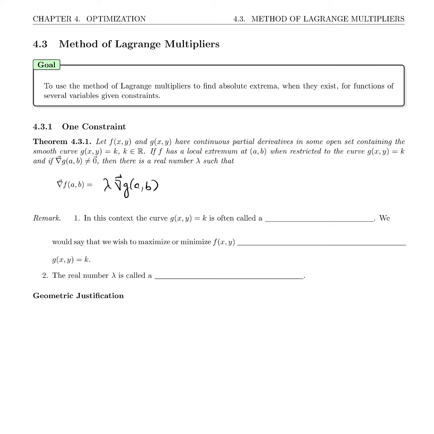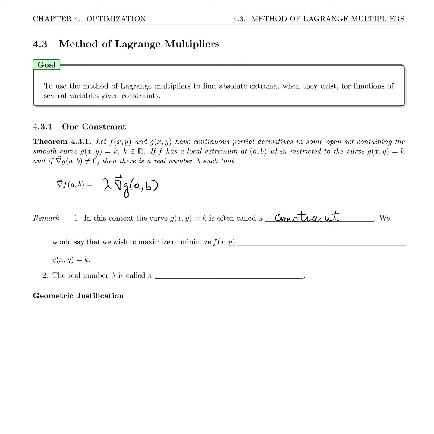A couple of remarks before we unpack this theorem and give some justifications. First remark, in this context, the curve g(x,y) = k is often called a constraint.